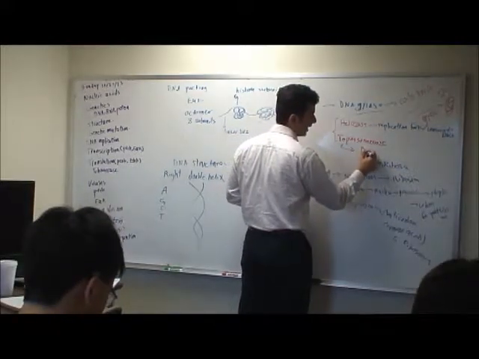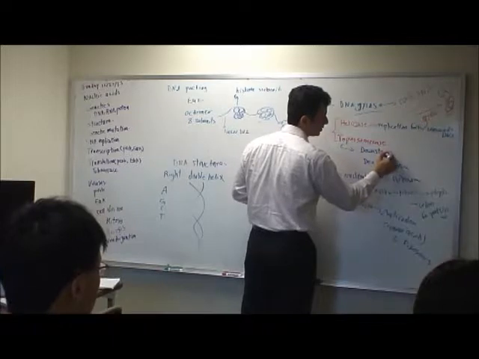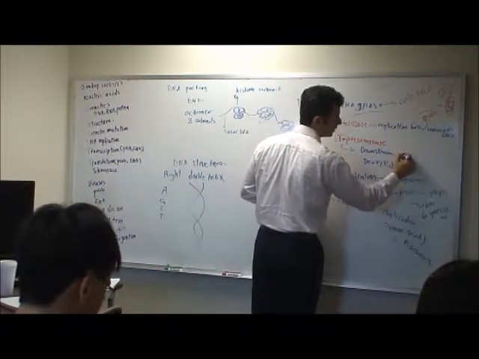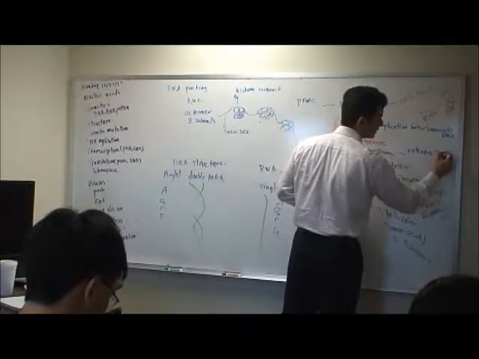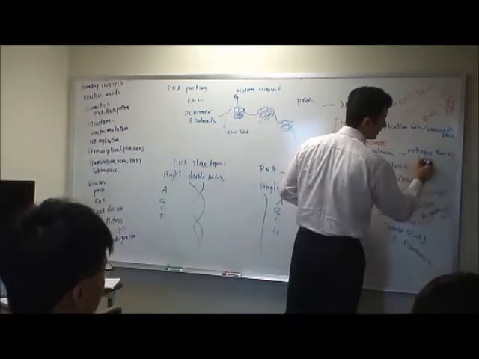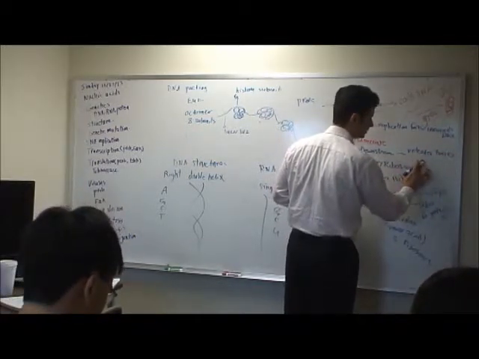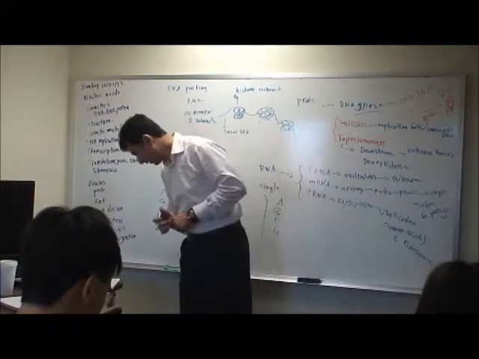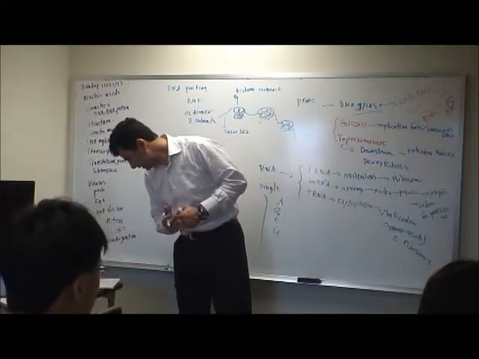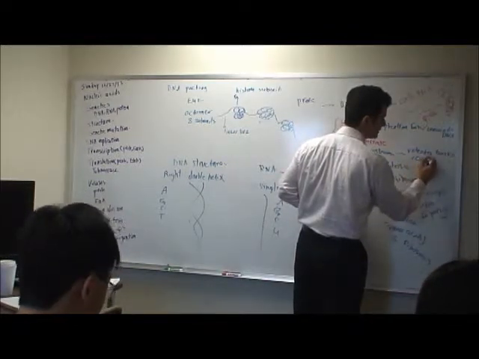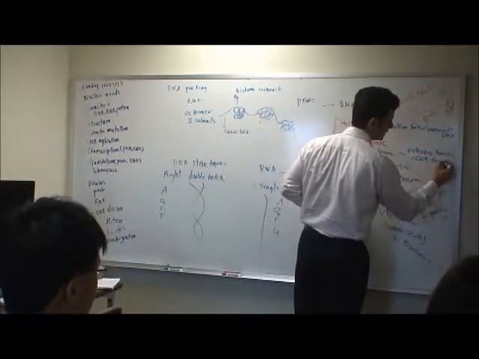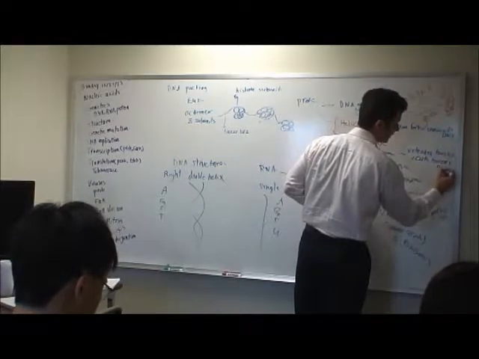Topoisomerase works downstream from the replication fork, and it releases twists, so it loosens or cuts, unwinds, releases twists, cuts, and loosens DNA.